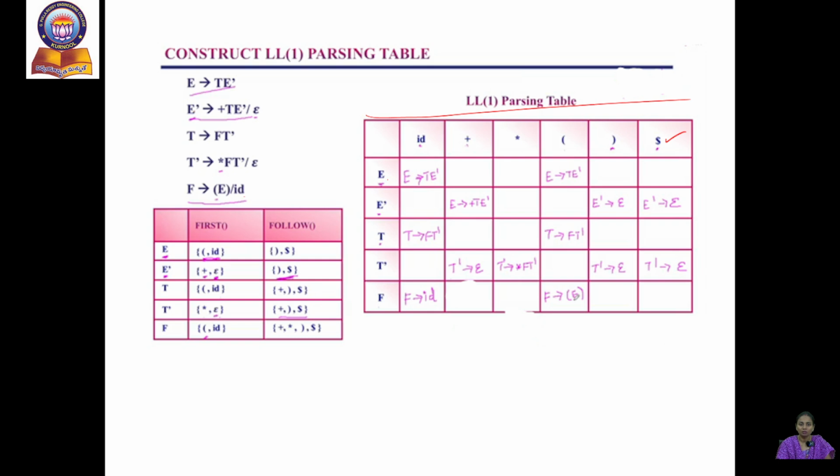So if we have any epsilon values, then we have to write them in the dollar column. For that purpose we need to have the dollar in the columns. ID has the highest preference compared with all the other terminals or operators present in the grammar, and dollar has the least preference. Based upon that, I have written ID at the start and dollar at the end, and all the remaining terminals one after another.